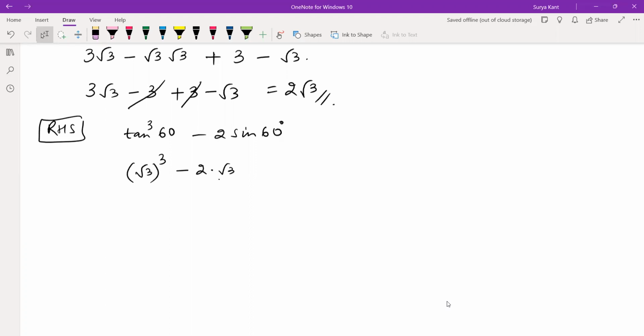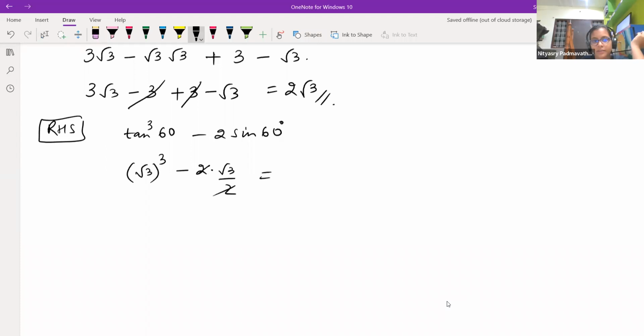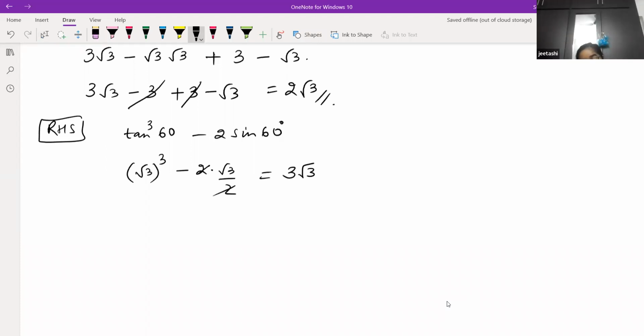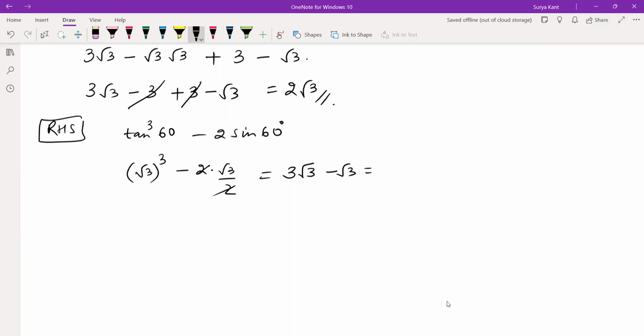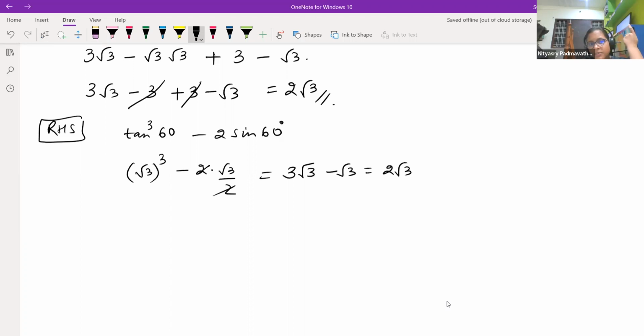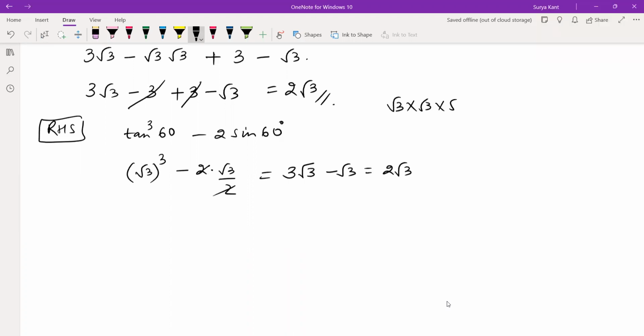That is root 3 by 2. So 2 cancelled. So what is root 3 to the power 3? 3 root 3, sir. Three times you multiply root 3, root 3, root 3. Root 3 times root 3 becomes 3. So 3 root 3 minus root 3 is also coming the same answer.